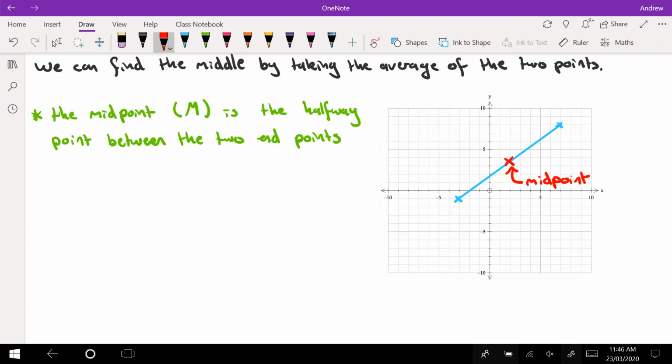That's my midpoint of the line. Okay? So we find the midpoint of the line using the 2 endpoints.